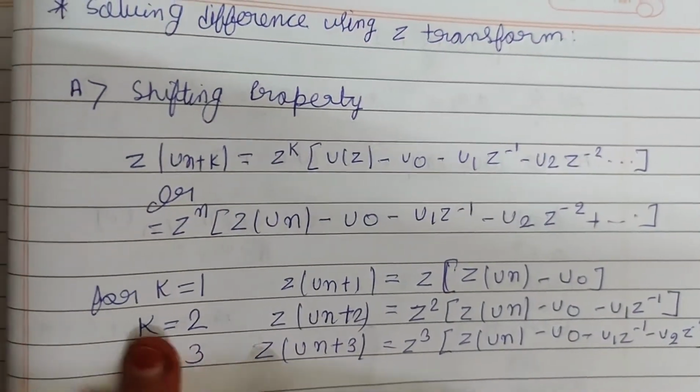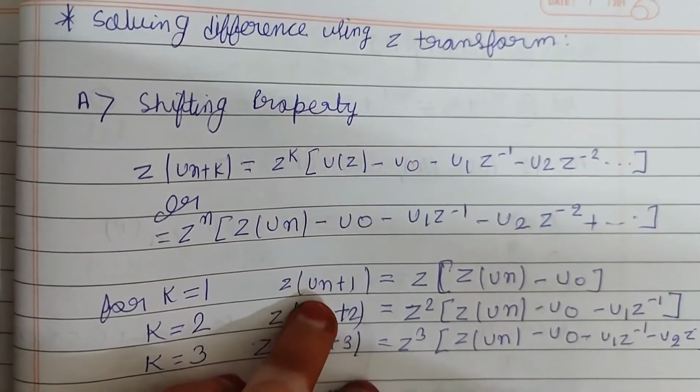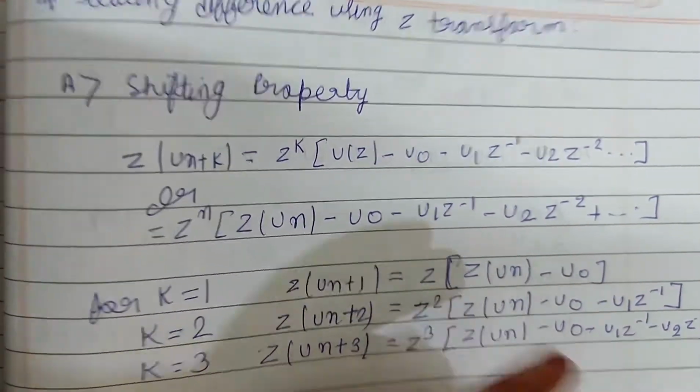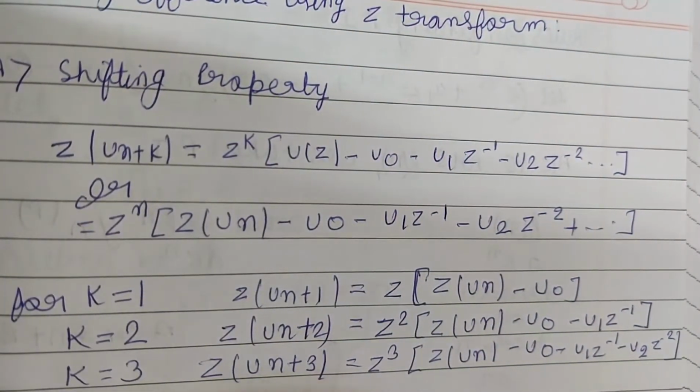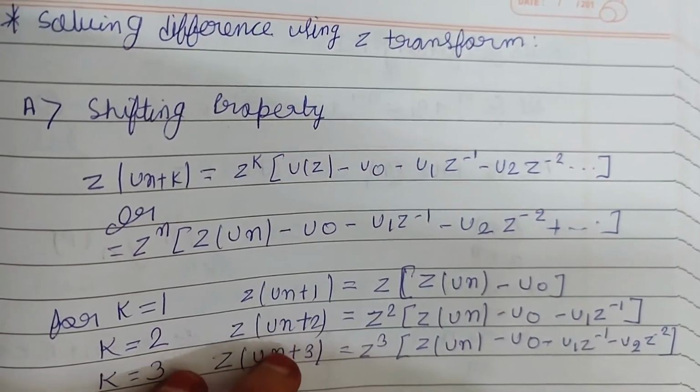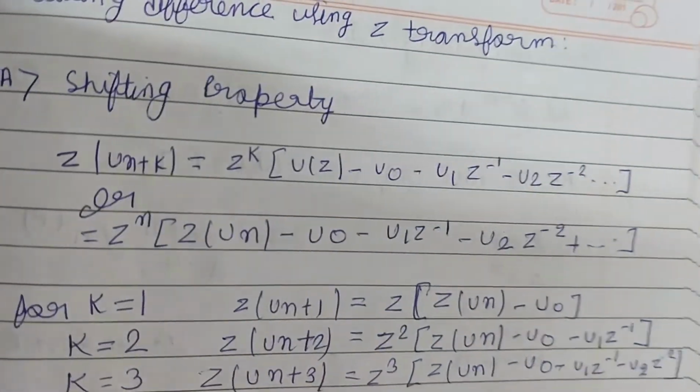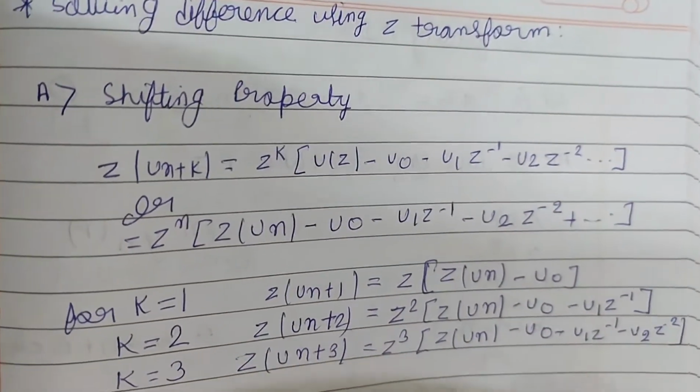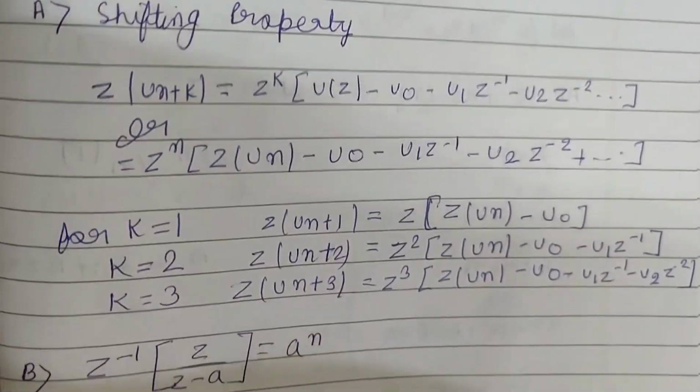So if k equals 1, you write the formula as z U(z) minus u0. If k equals 2, you write this. If k equals 3, then this, and this goes on.